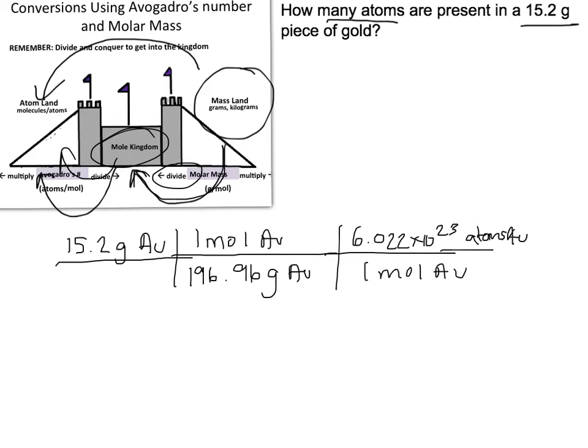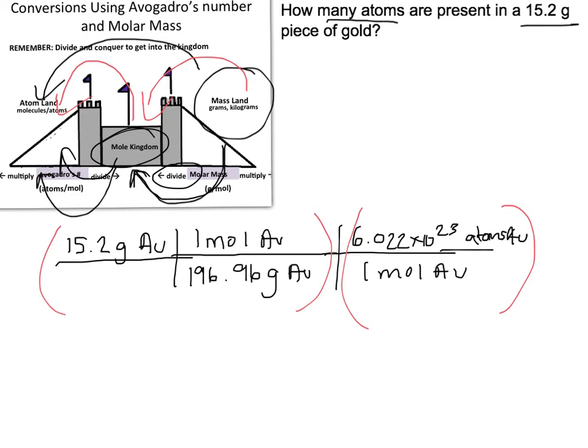Okay, so notice, the first situation we have here is the calculation for mass to moles. Okay, the second calculation here is the conversion from moles to atoms. So I've written it out in a sequential manner, but this is actually a two-step process.